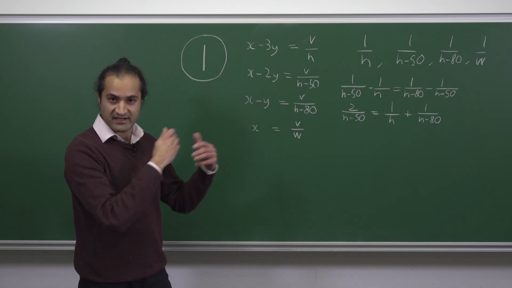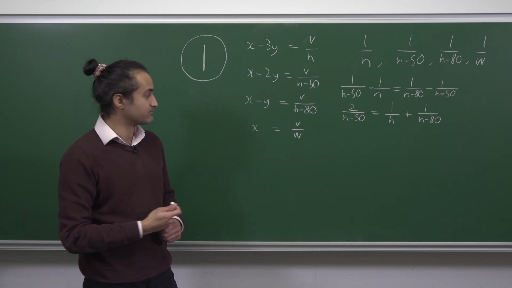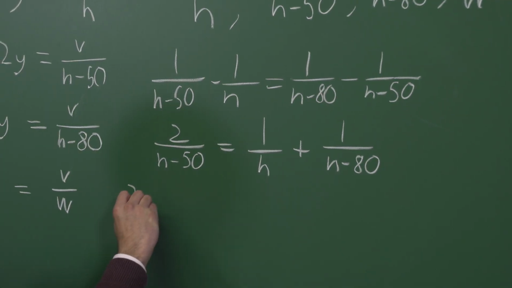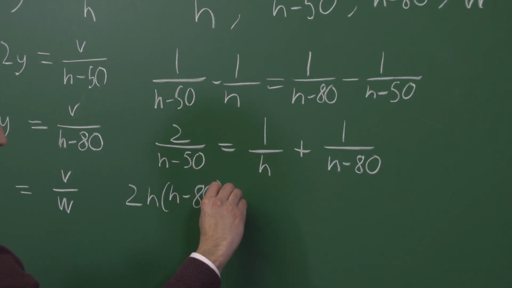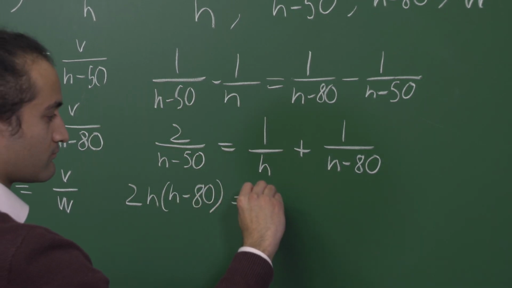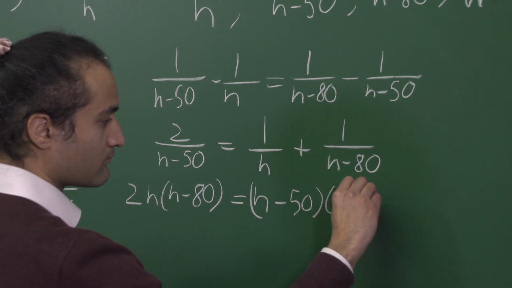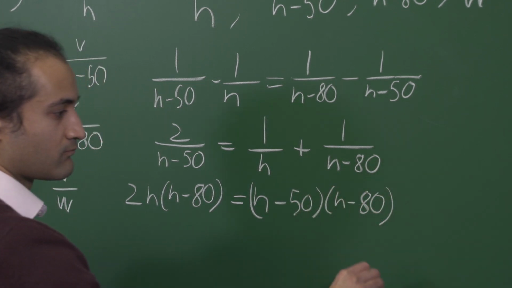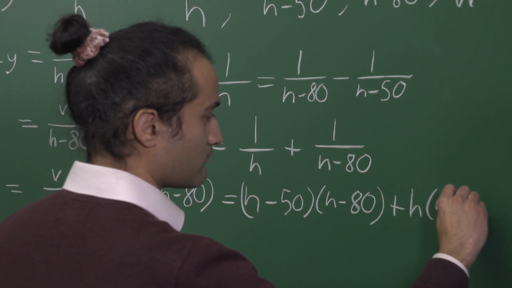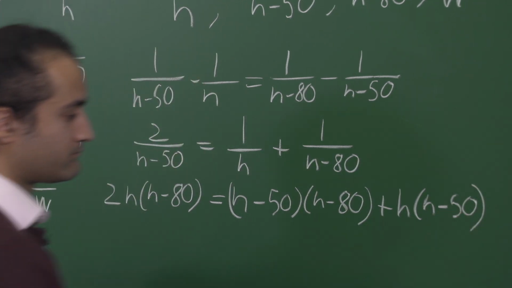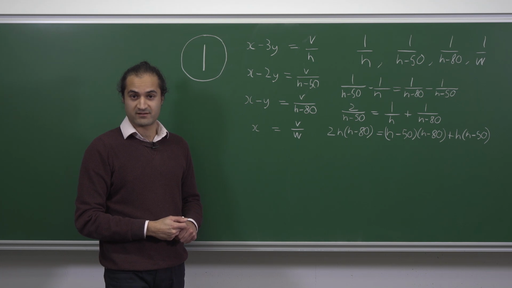And now I can clear the denominators, multiply through by h, h minus 50, and h minus 80. So we have what looks like at this point a quadratic equation in h.